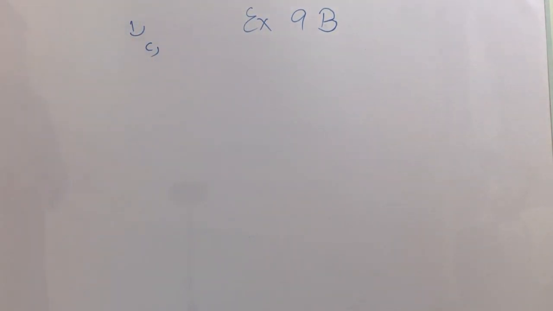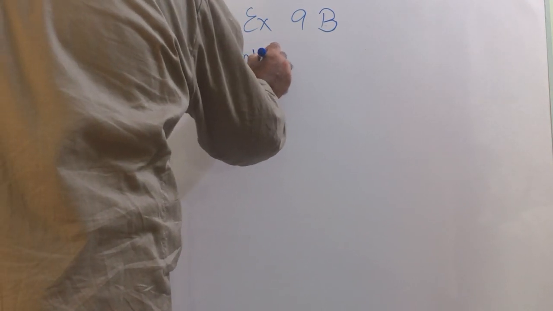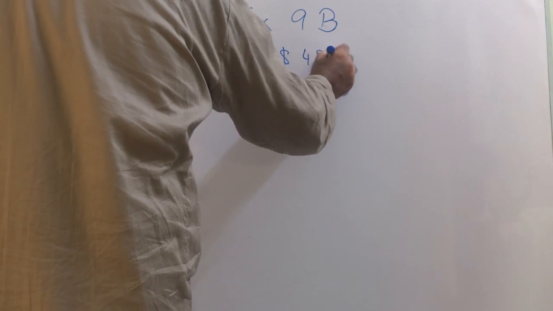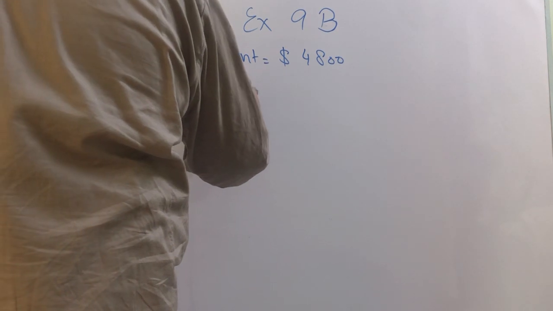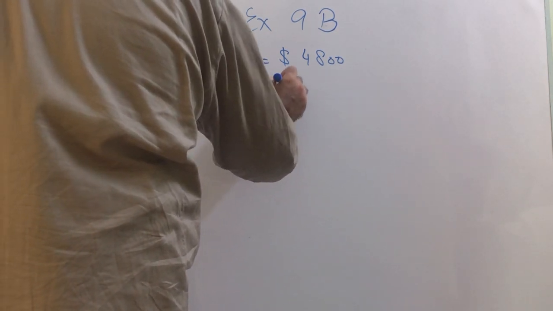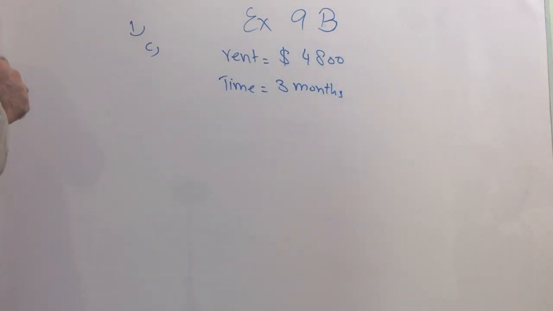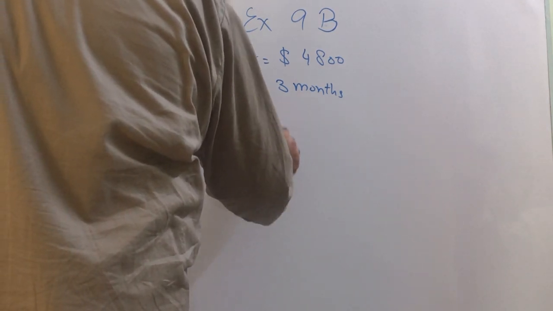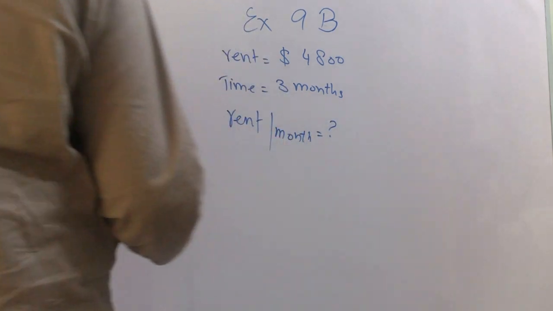Part C is, a man pays a total of $4,800 in flat rental. So rent is how much? It is given $4,800 for 3 months. This is rent for time duration of how much? 3 months. Find his monthly rental rate, means rent per month.